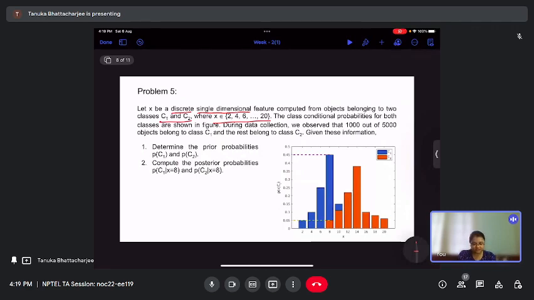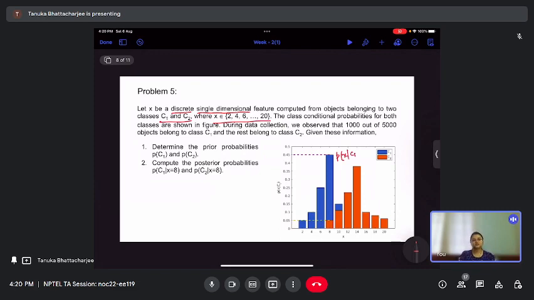The class conditional probabilities for both classes are shown in the figure. So here the blue histogram corresponds to class C1, and the orange one corresponds to class C2. The blue one is the class conditional probability, that is the probability of x given C1, and the orange one is the probability of x given C2.